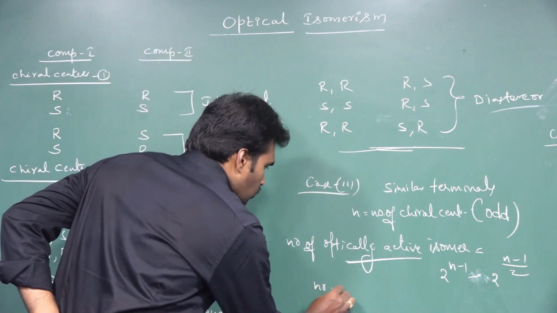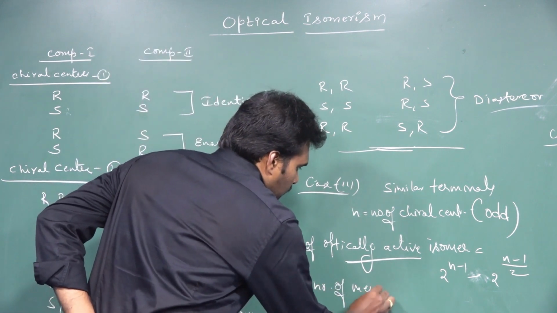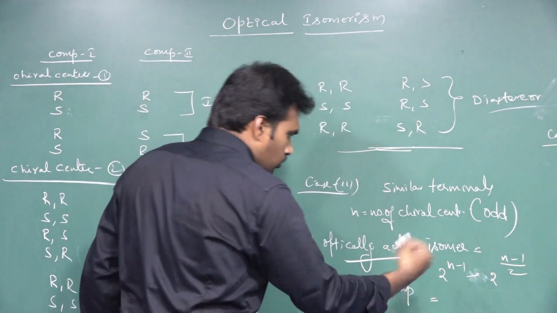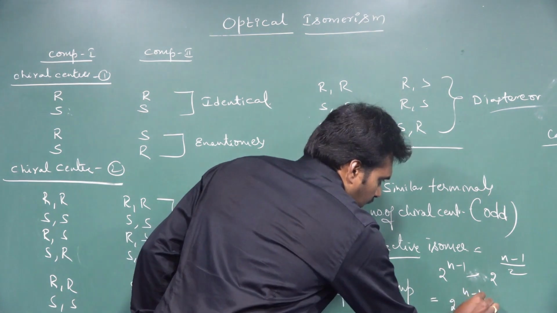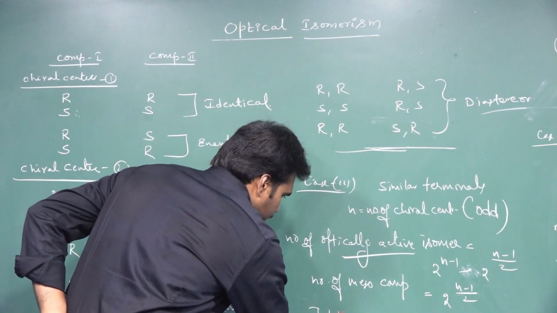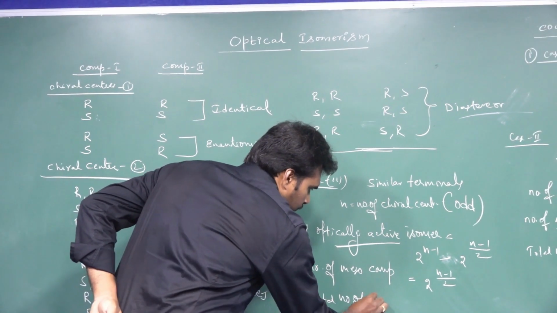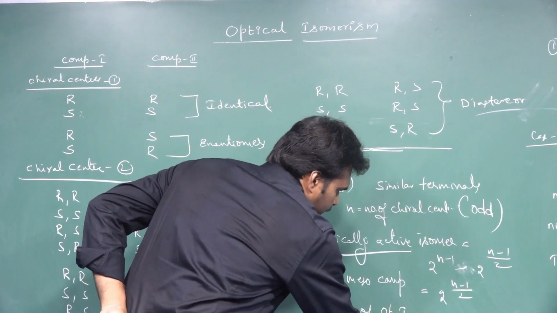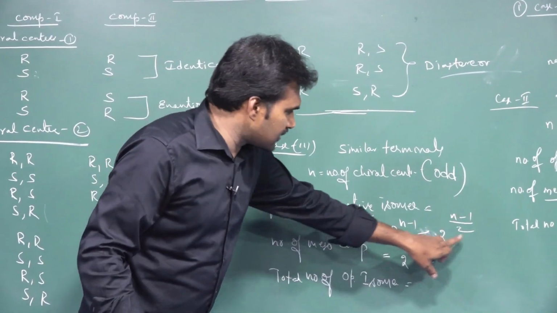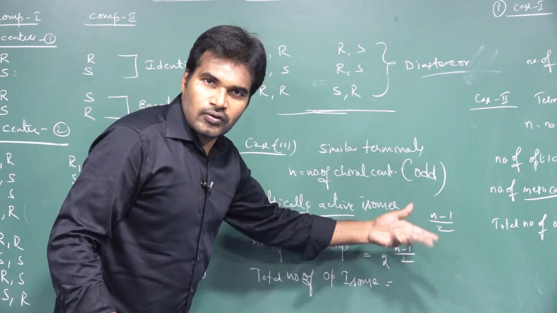Next, number of meso compounds. Number of meso compounds means total number of optically inactive compounds is equal to 2 power n minus 1 by 2. Now, the total number of optical isomers is equal to sum of both. If you add both here, minus term and this one, both will be cancelled.